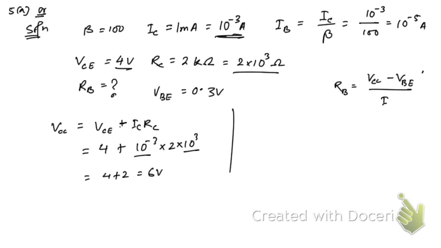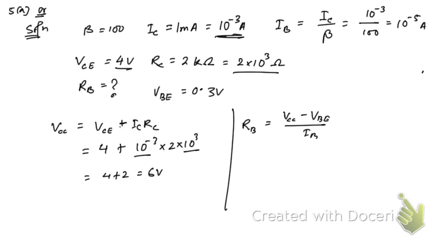Therefore we can say RB is equal to VCC minus VBE divided by IB. That's 6 volt minus VBE, which is 0.3 volt, divided by IB, which is 10 to the power minus 5, and the unit is ohm.